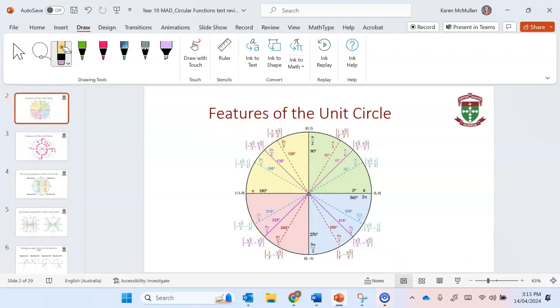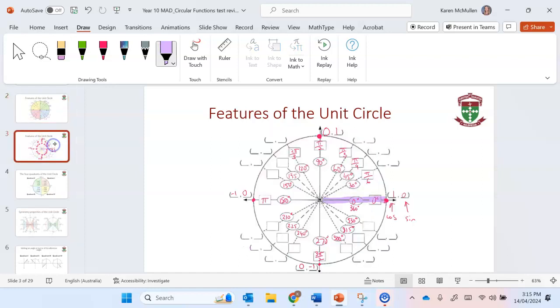Then we can work out anything else if we know those angles. Now you'll notice with your coordinates, they all have a denominator of 2. So if I'm filling in this unit circle, I can just say that's going to have a denominator of 2, that's going to have a denominator of 2.